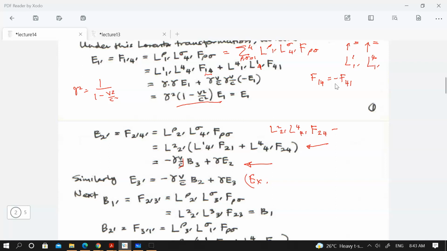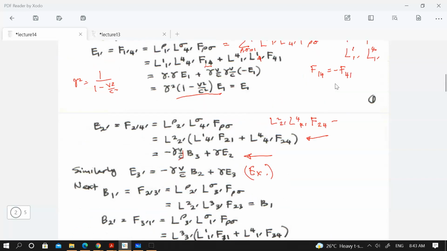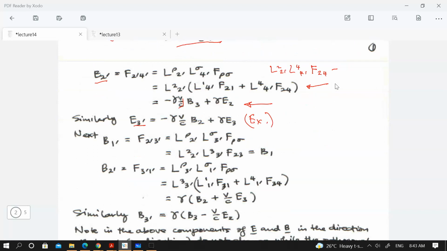Okay. So you have all the electric field components now. So you have E1 dash and E2 dash, and then you have your E3 dash. Let's just proceed, and then we go back to sum up what we have actually found.